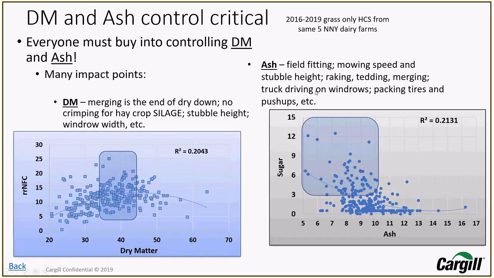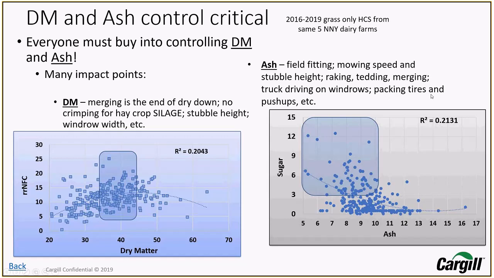How we rake and ted and merge and all these things have an impact on it. Truck driving on windrows. If we can avoid driving on top of a windrow, we can avoid pressing that windrow into the soil and making the dirt stick to it before we pick it up with the chopper. And that's a very simple thing we can do once we're aware that it has this negative effect.